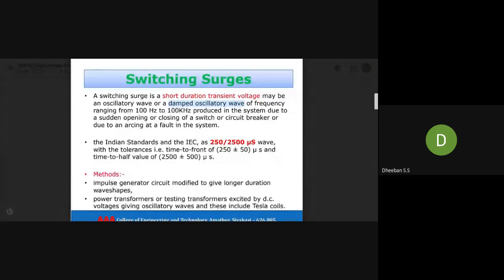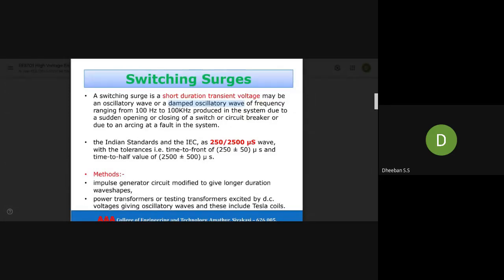So if it is 100 hertz to 100 kilohertz, you can also find the time period: 1 by 100 seconds to 1 by 100 into 10 power 3 seconds. That's the duration at which your switching surge is possible.